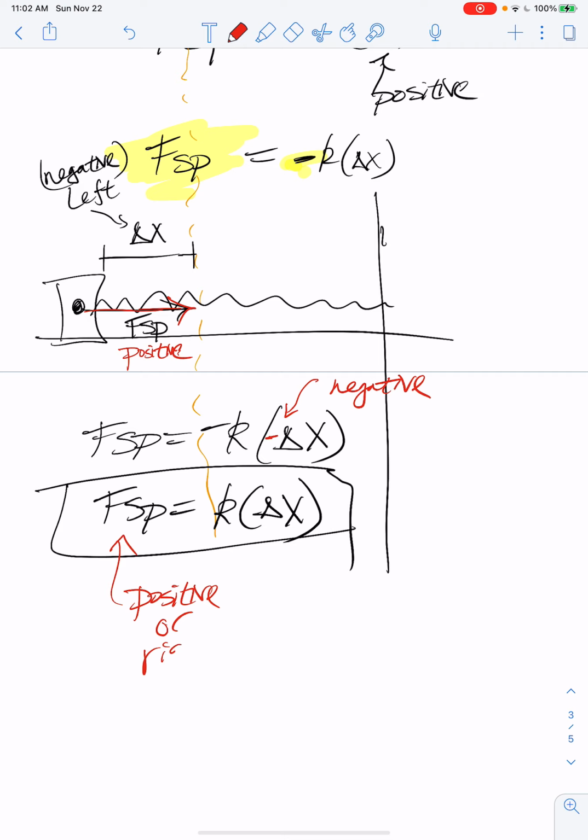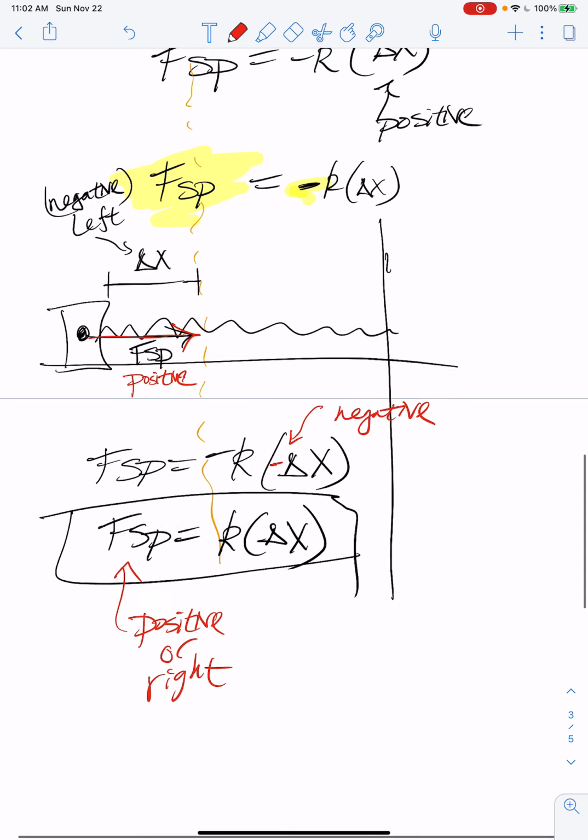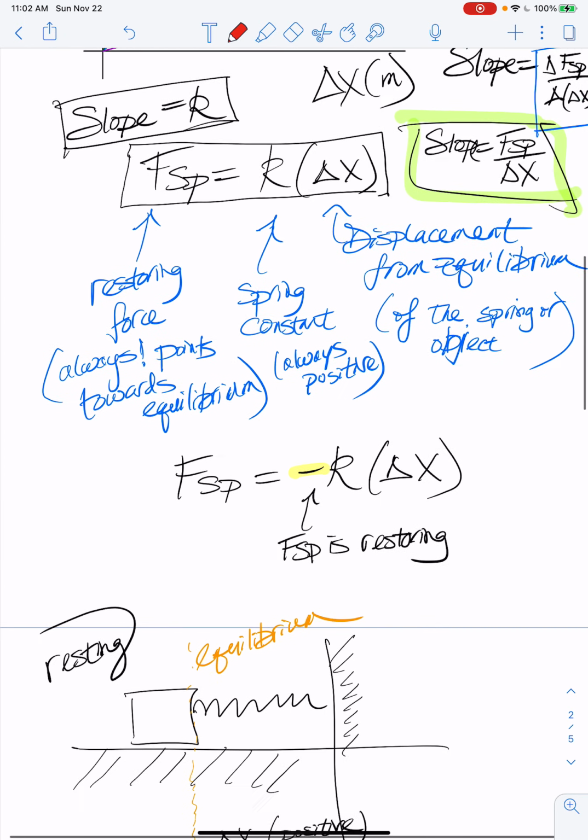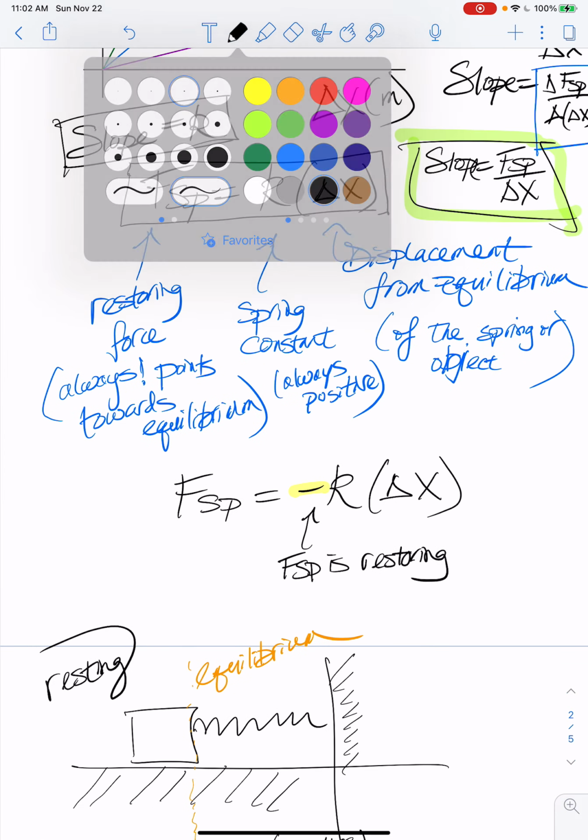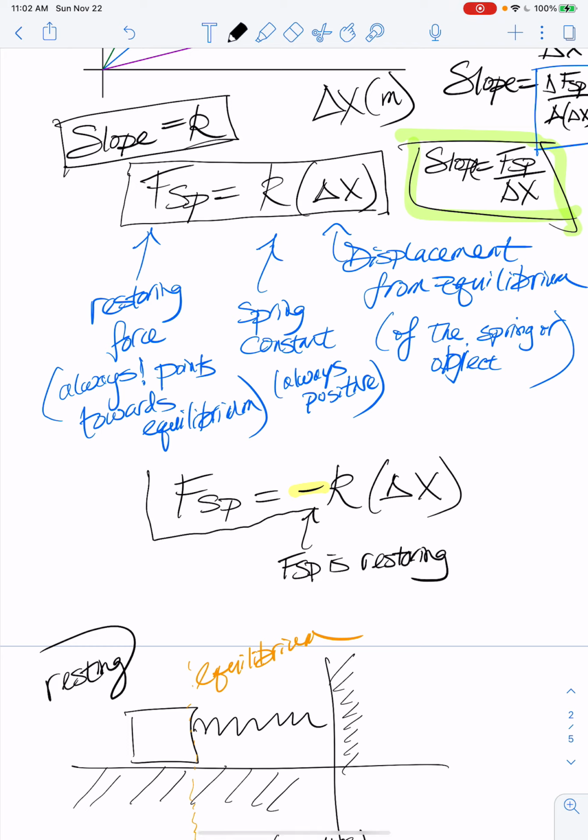Or right. So what the negative sign gets at, right, when we write Hooke's law with a negative sign as force spring equals negative kx, is the idea, going back up here to where I did this, that force spring is restoring, and it helps us account for that.